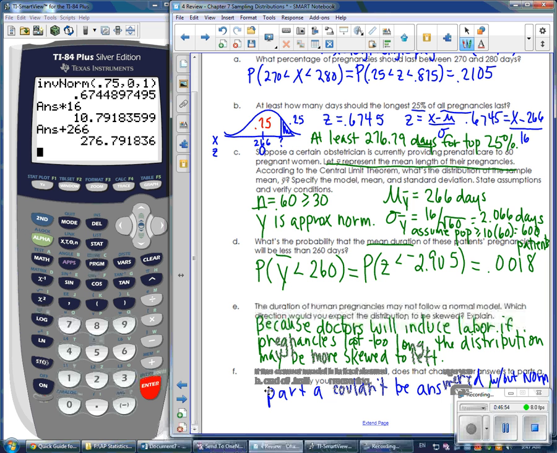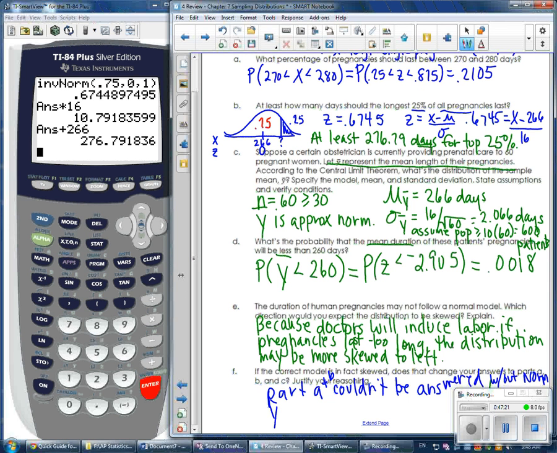If I think about my answer to question B, that also relies on the normal distribution. So that would be true for part A and B. Could not be answered without a normal distribution. But if I take a look at letter C, because my sample was large enough, I know that the distribution of sample means is going to be approximately normal. So my answers in C and D wouldn't change because of the central limit theorem.